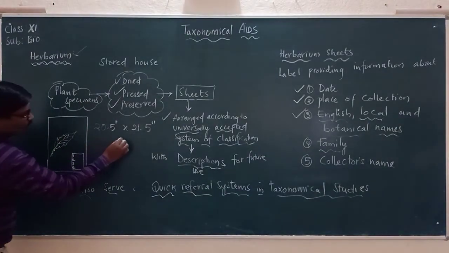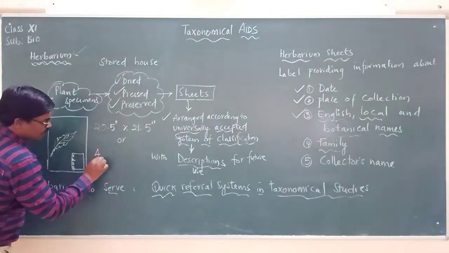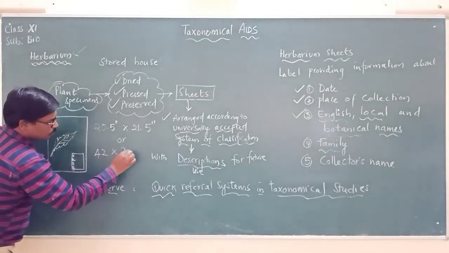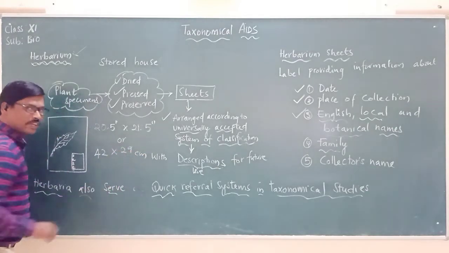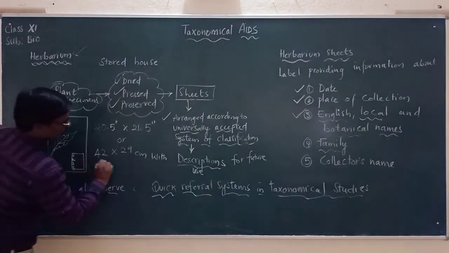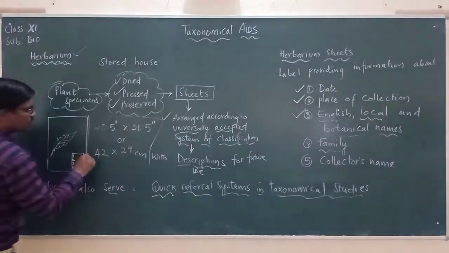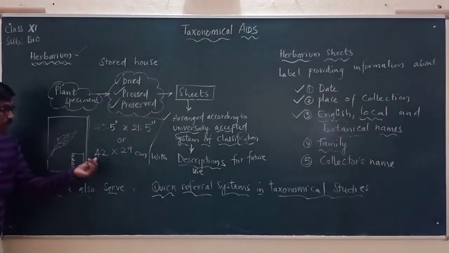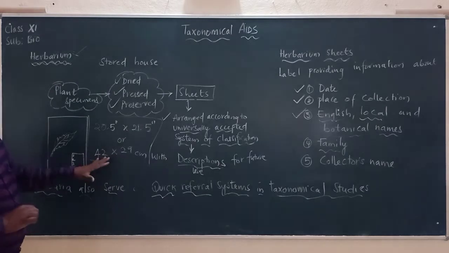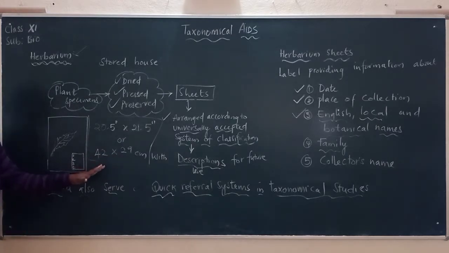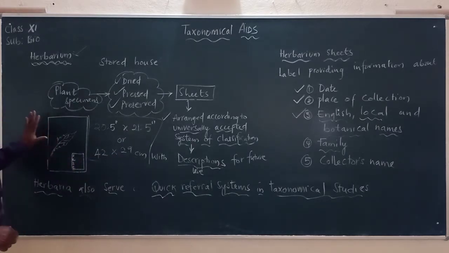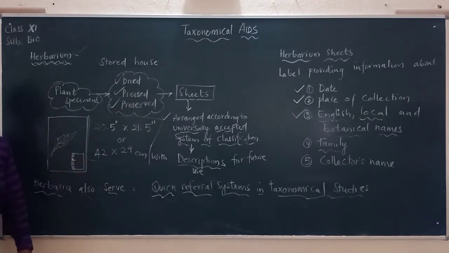Or otherwise, in centimeters, it is 42 into 29 centimeters. Please remember this size. In some cases, you may come across 41 instead of 42. But otherwise, this is what we have to keep in mind when we are talking about the size of the herbarium sheet.